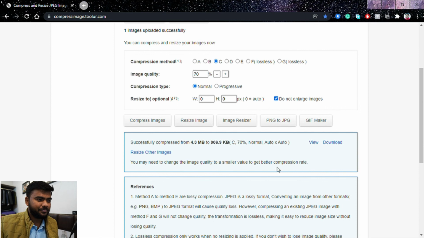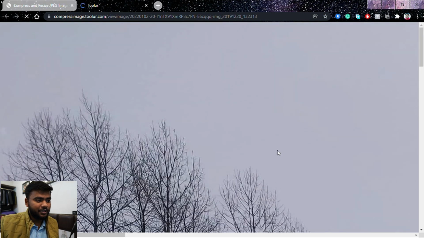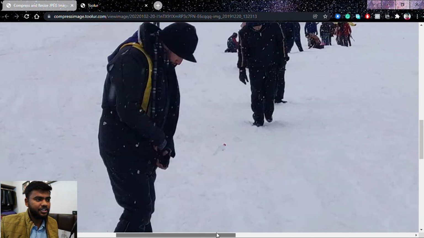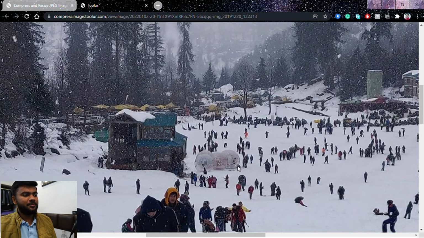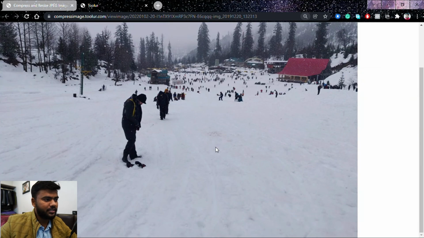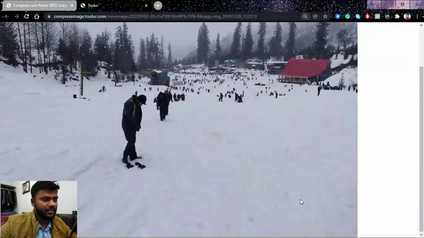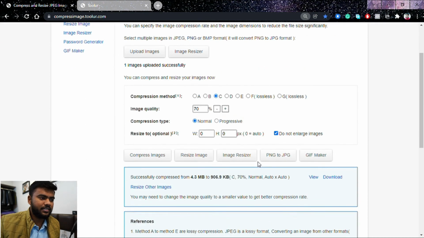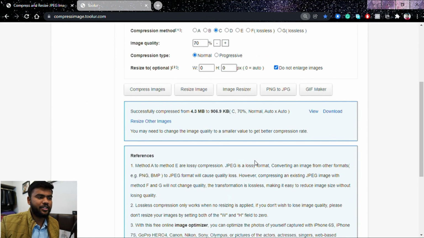And even if you see the image, it is still very clear. It is too zoomed in, and if I zoom out, you can see the image is still very clear. Hence we apply dimensionality reduction to save size and eventually save space.